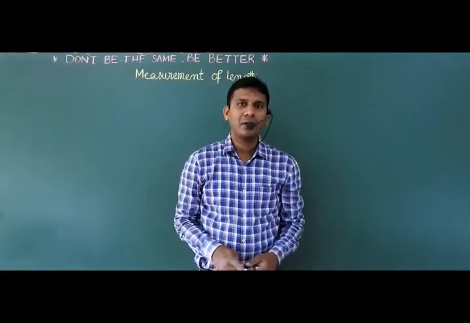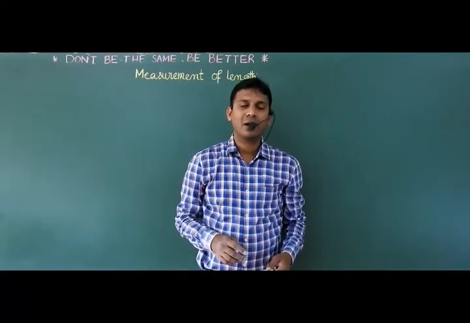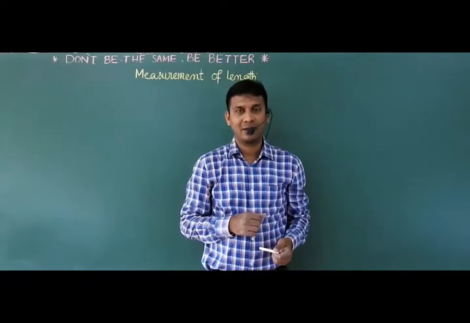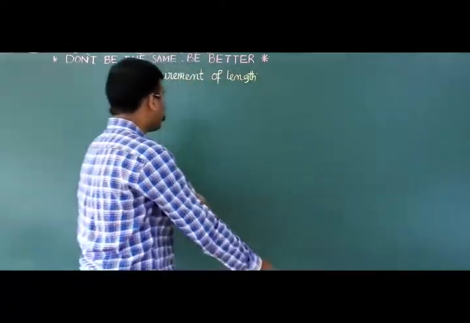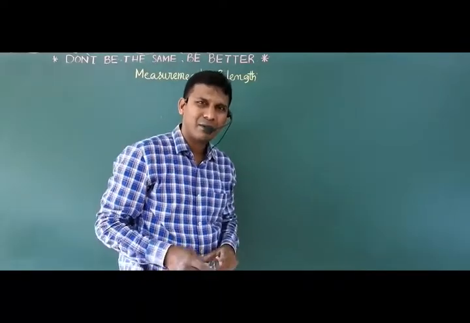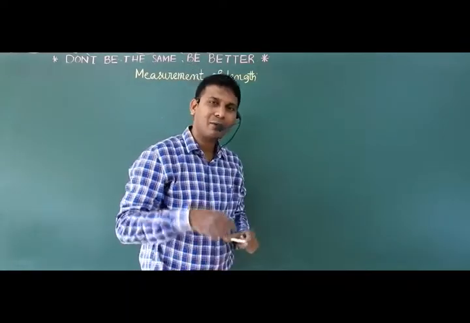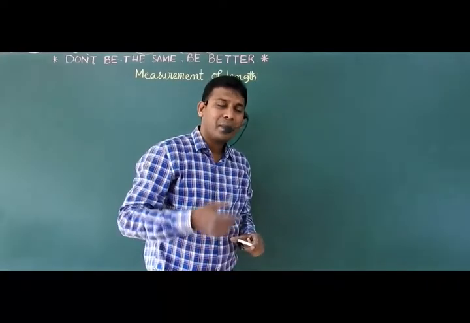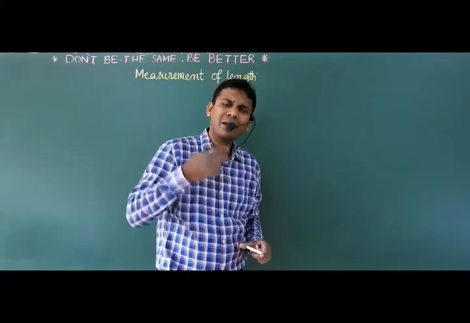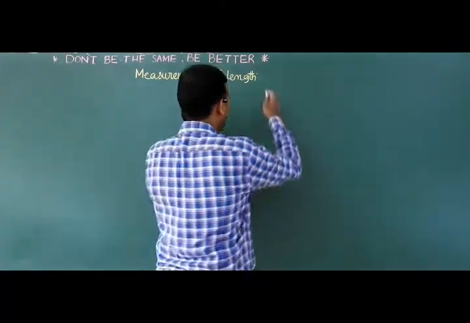Alright. Now we are going to discuss the methods of measuring length. Generally, in the beginning we defined what is meant by physical quantity. Length is a physical quantity. How to measure this length? Measurement of any physical quantity can be done in two ways.